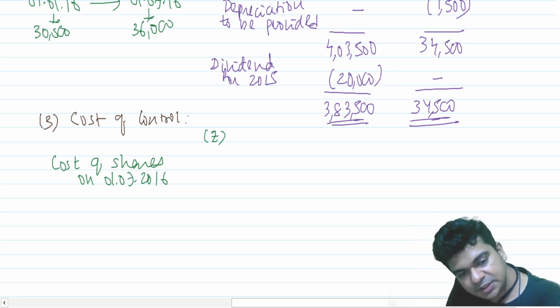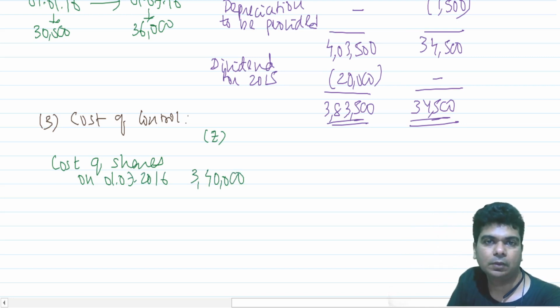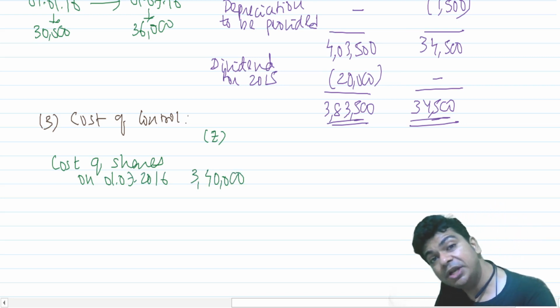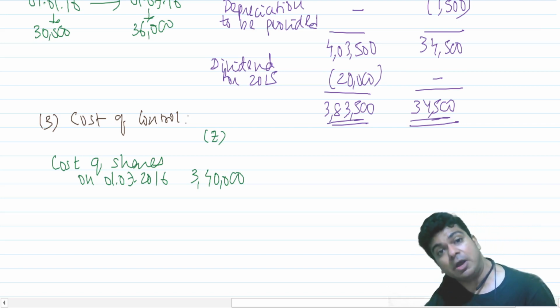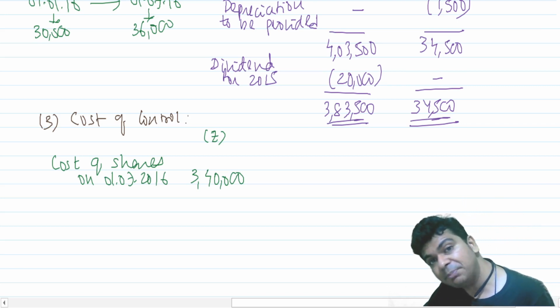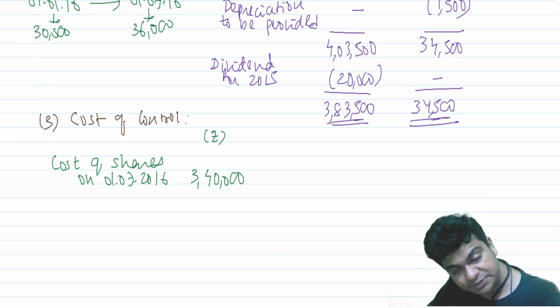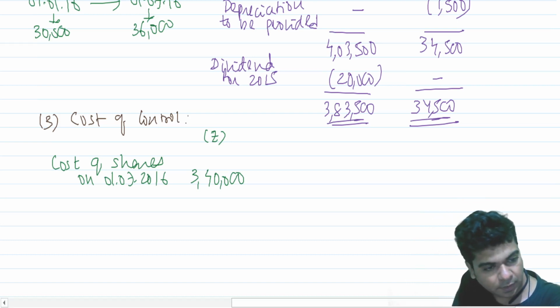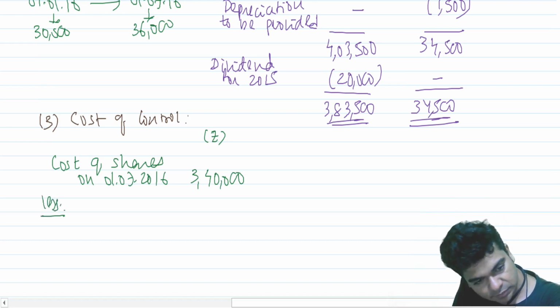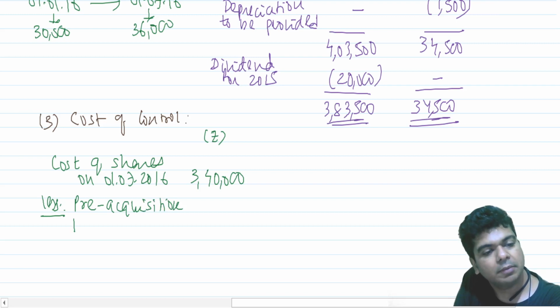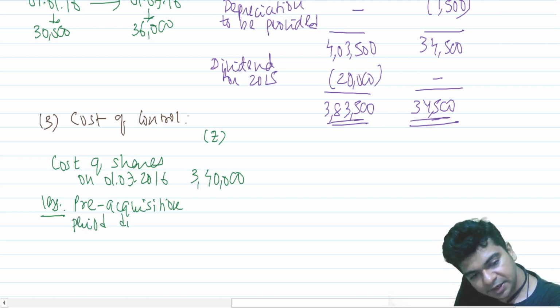We have purchased the shares for 3,40,000. We have received dividend from the subsidiary, which we have wrongly credited to the P&L. It is a recovery of cost, so deduct it now. We say less pre-acquisition period dividend, right? Dividend needs to be deducted.